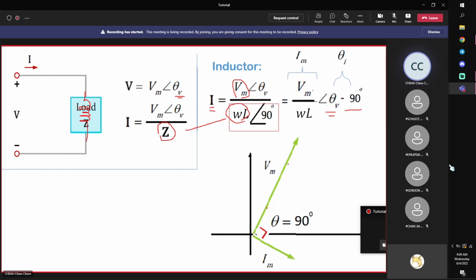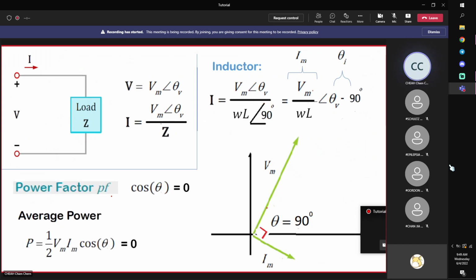You have a rotating vector V, and your current flowing through an inductor is always lagging behind your voltage by 90 degrees. This means that if I apply an AC signal over an inductor, there will be a current, and this current will always be out of phase with respect to my voltage by 90 degrees, lagging behind.